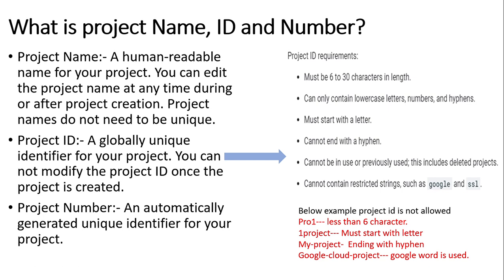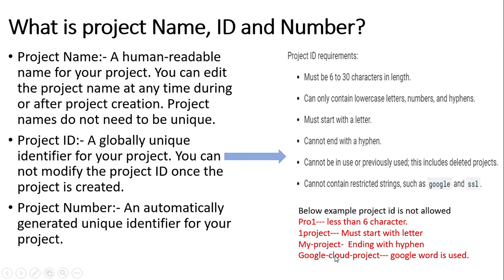You cannot contain restricted strings such as Google and SSL, and we should not include any meaningful organization or PII information in the project name or project ID. Below are examples which are not allowed as a project ID. First, pro-one: it's less than 6 characters, so it's not allowed. 1-project: it must start with a letter, but it's starting with a number, so it's not allowed. my-project-: it's ending with a hyphen, so it's not allowed.